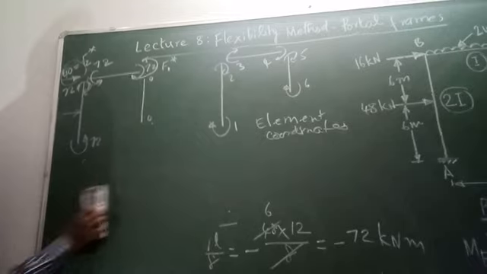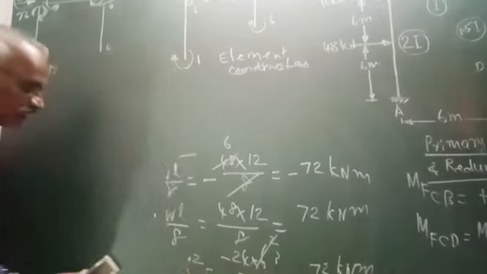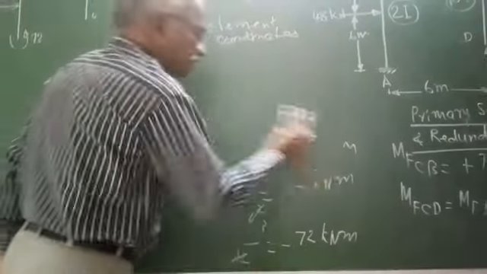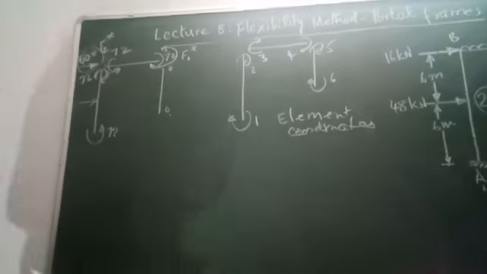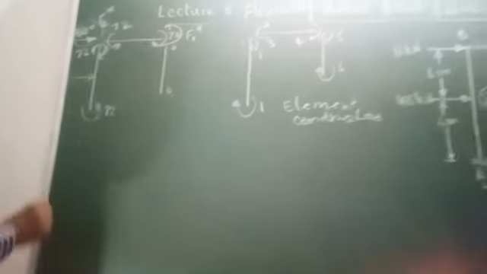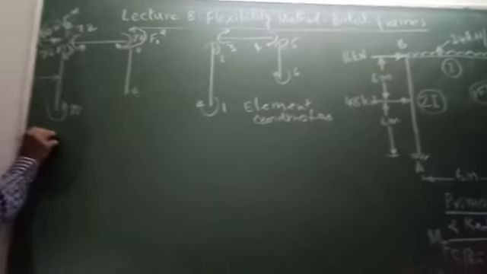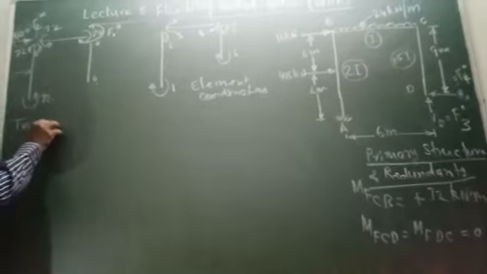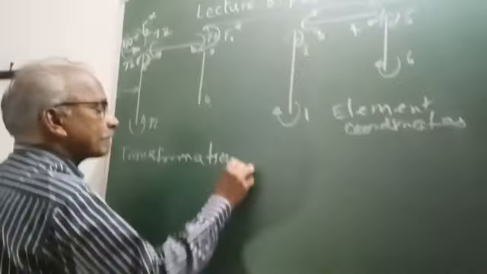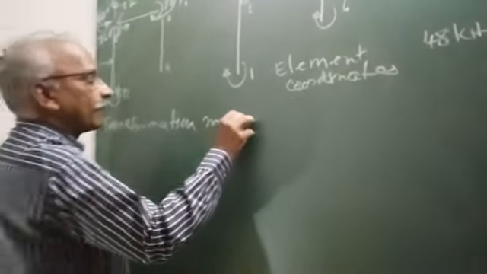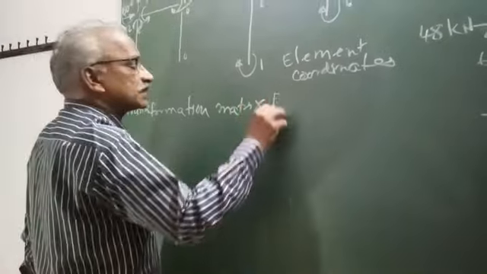One is the B matrix, maybe the transformation matrix, and the other one is the assembled element flexibility matrix. Now, first we will take up the transformation matrix B.